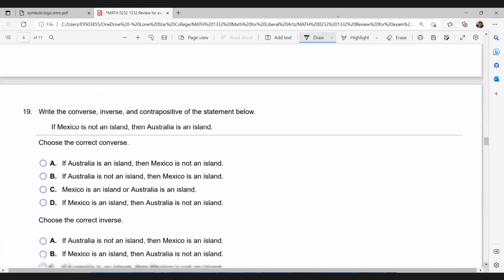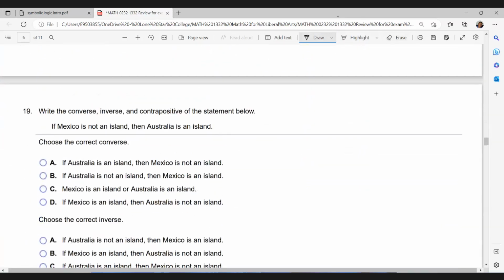All right, moving on. It says write the converse, inverse, and contrapositive of the following statement. So this is a conditional. And a converse is a conditional statement where we switch the order.